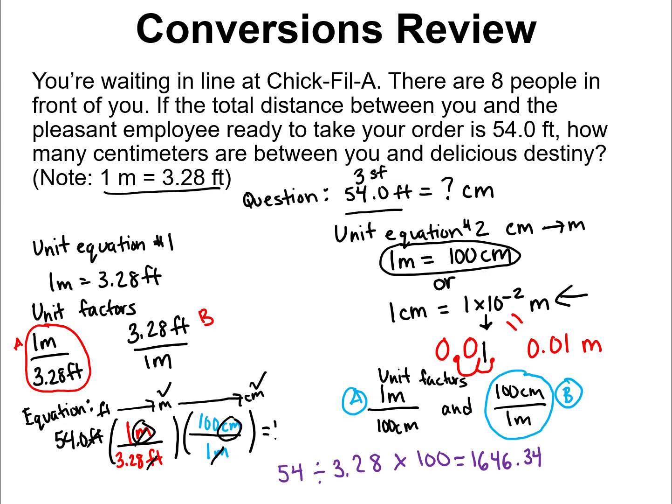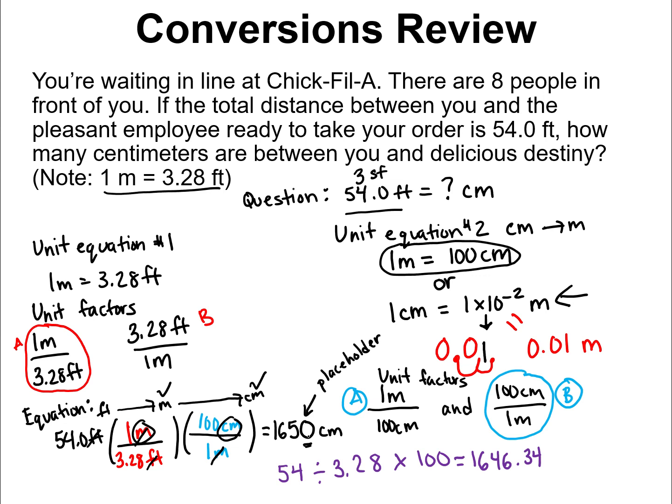Remember, we need that placeholder 0. If I gave you $165 instead of $1,650, you'd notice a difference. So you have to add that 0. It's still 3 because that 0 is a placeholder.